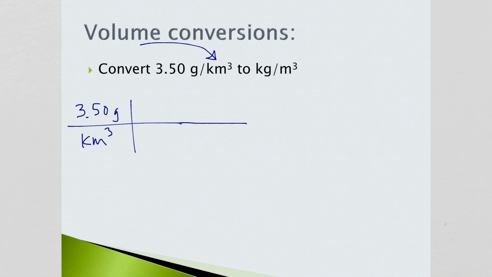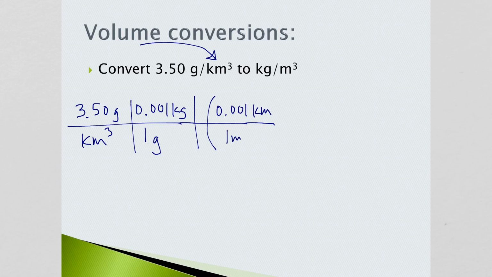So step one, I'm going to handle the grams to kilograms first. 1 gram is 0.001 kilograms, again from the metric table, and now handling the cubic unit. So in the squared example previously, we simply squared the conversion factor. In this example, when it's cubed, we simply cube the conversion factor. 0.001 kilometers for every 1 meter. I put parentheses around that term, and I'm going to cube it.